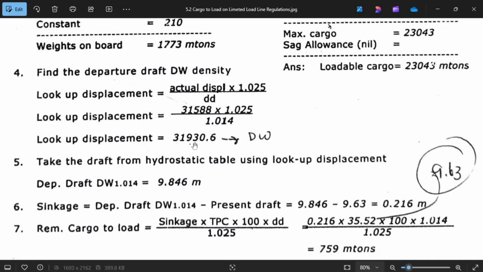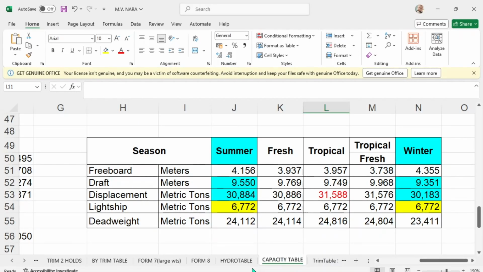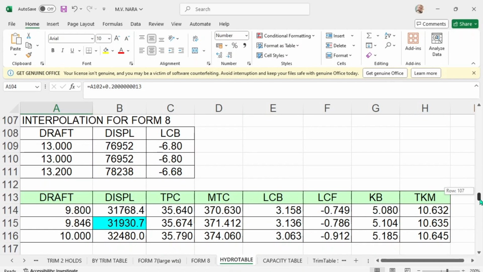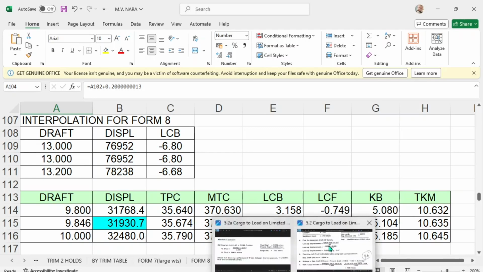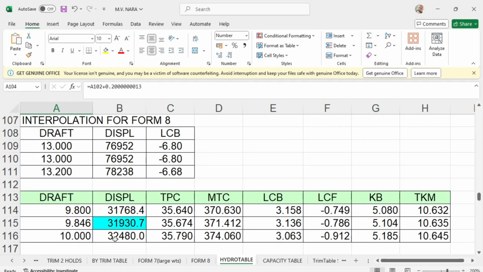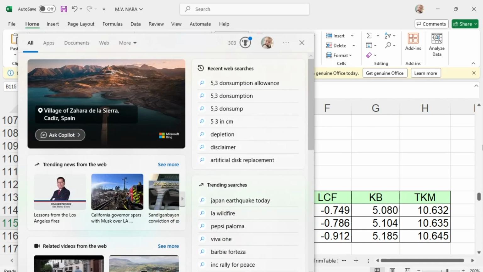You go to the hydrostatic table, then you enter the displacement 31930.6. Double check, guys.